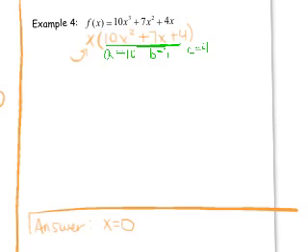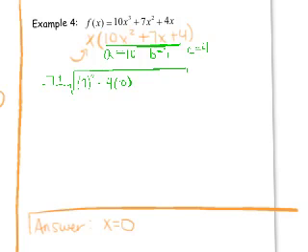All of those are positive here. So my quadratic formula is negative b, negative 7, plus or minus square root b, 7 squared minus 4ac all over 2a.